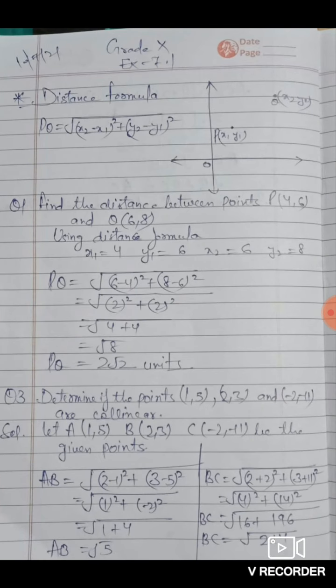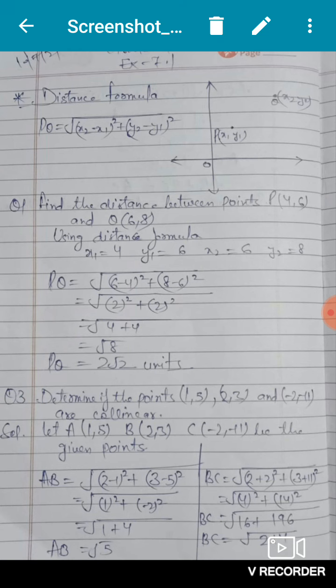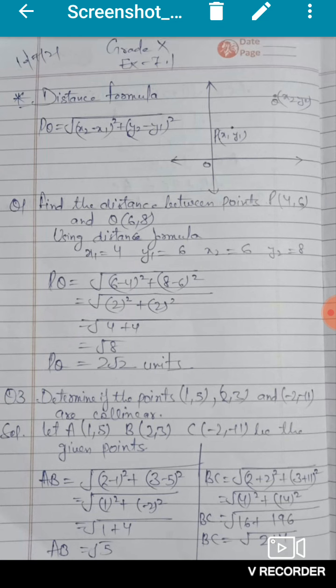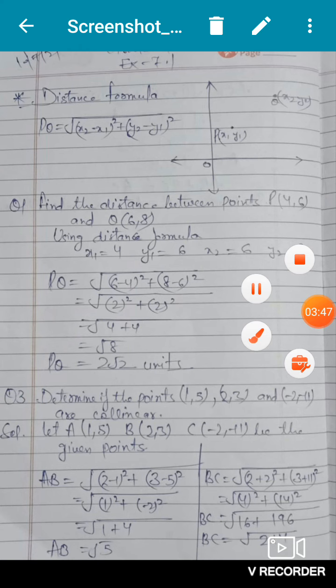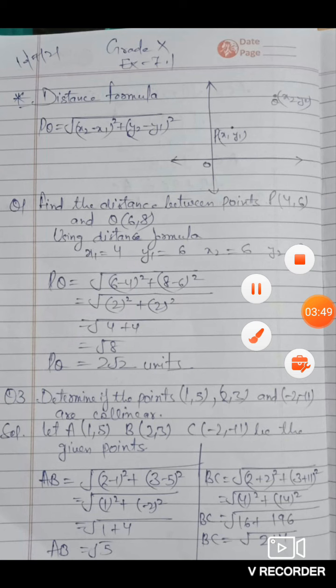So let's understand and clear it more with the help of one sum. Question number 1 is: find the distance between points P(4, 6) and Q(6, 8). 2 points are given whose coordinates are 4, 6 and 6, 8. We have to find the distance between them. So we will use the distance formula to find the distance.